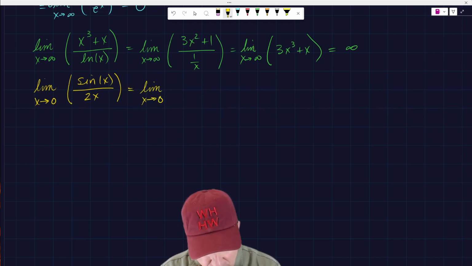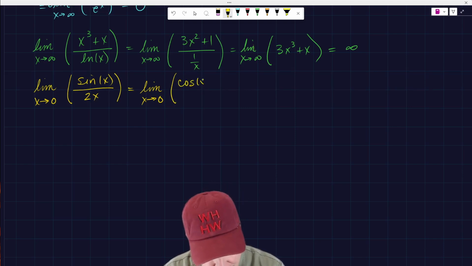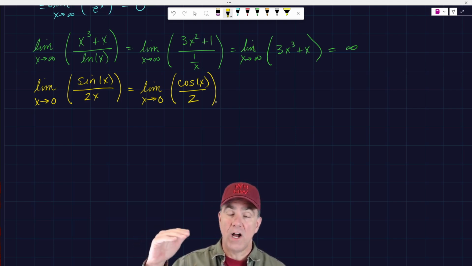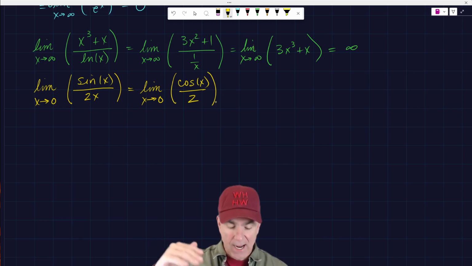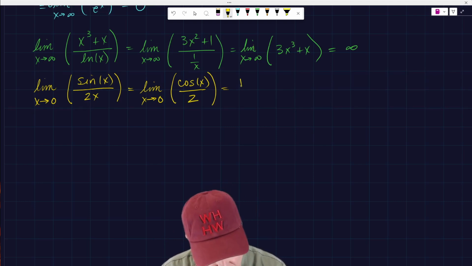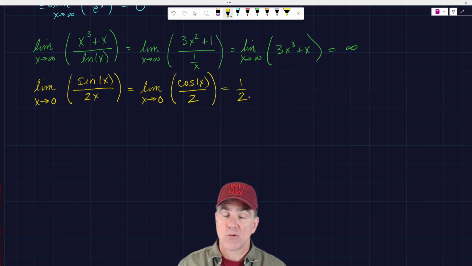So the limit as x approaches 0 of the derivative of sine, which is cosine, and the derivative of the denominator, which is 2. Now I have something that I can evaluate. The numerator is going towards 1, since cosine is approaching 1 as x approaches 0, and the denominator is just 2. So this is equal to 1/2. Again, I'm using L'Hopital's rule as a means of doing the calculation.